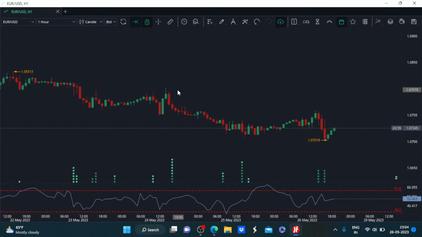And if we go back here, whenever the underlying instrument goes sideways and doesn't really move much, we get this choppiness index value rising quite significantly above this higher threshold.